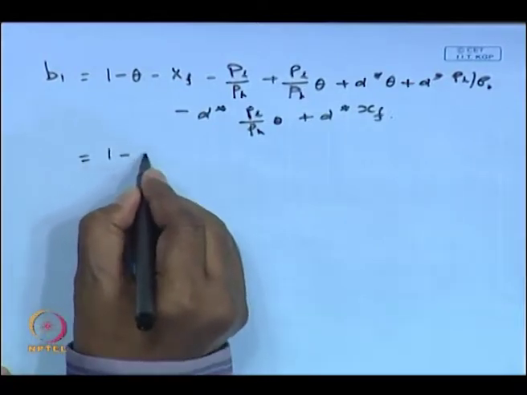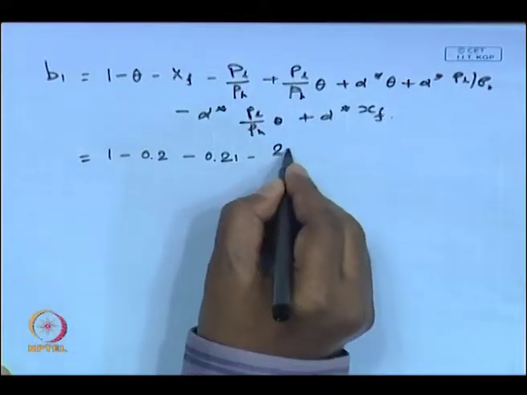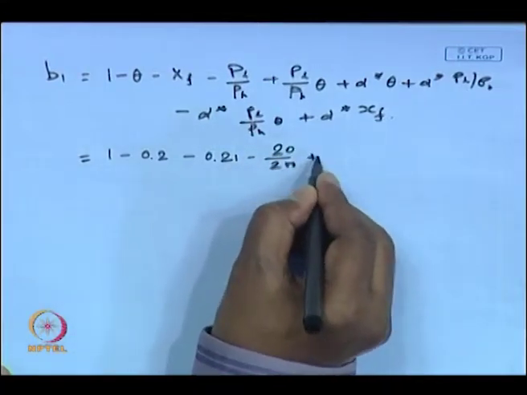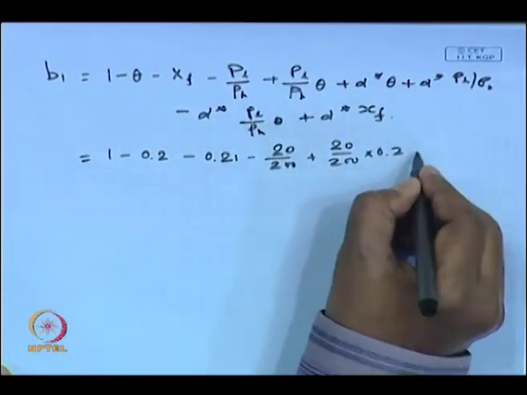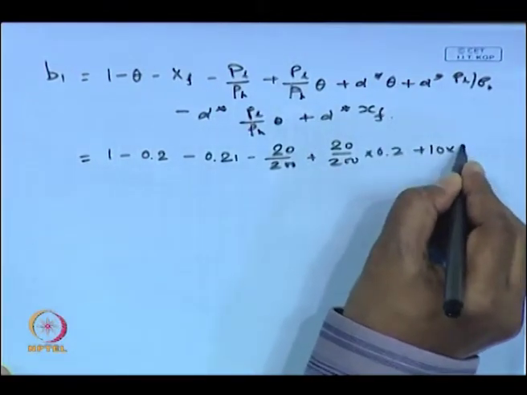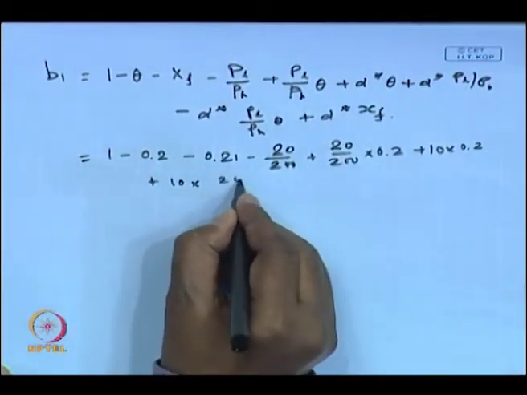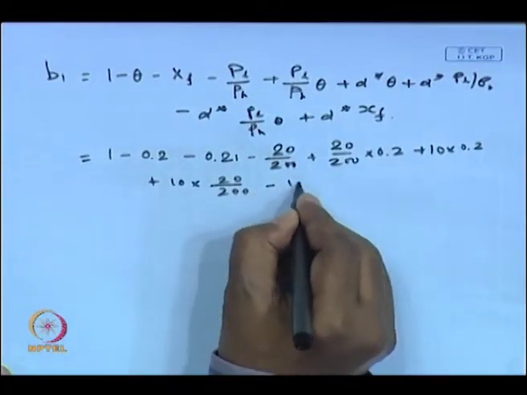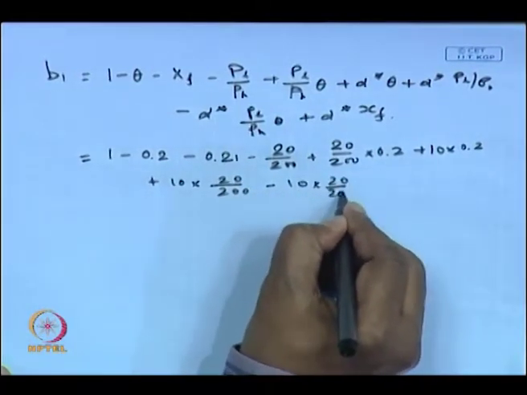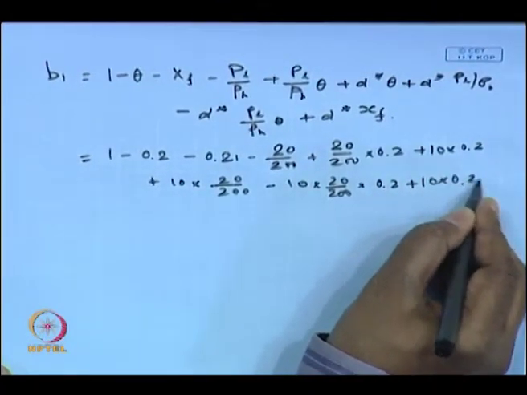So, it becomes 1 minus 0.2 minus 0.21 minus 20 divided by 200 plus 20 divided by 200 into 0.2 plus 10 into 0.2 plus 10 into 20 divided by 200 minus 10 into 20 divided by 200 into 0.2 plus 10 into 0.21.